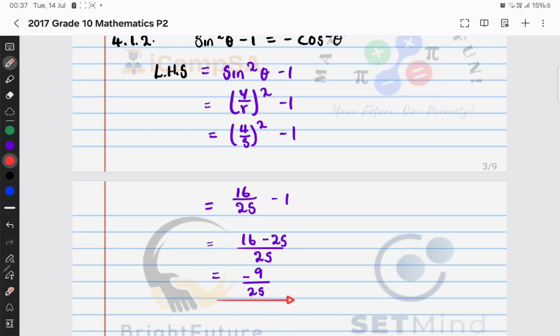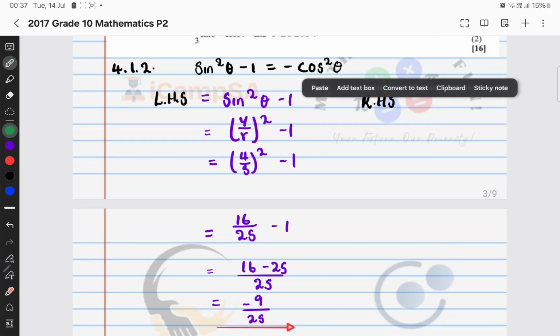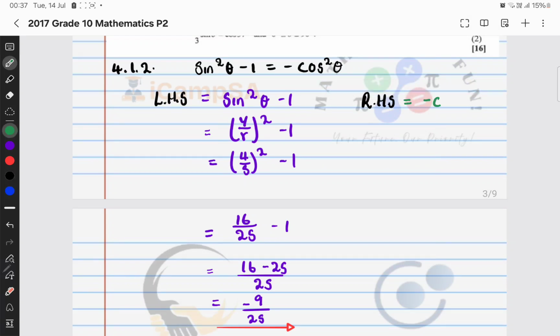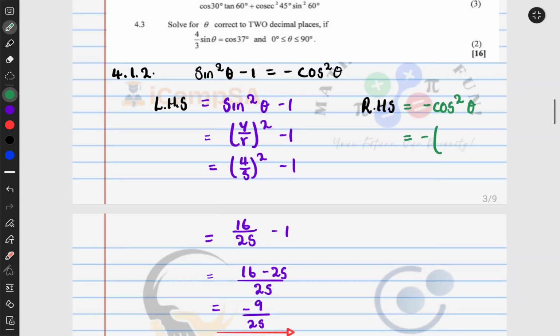Now let's go ahead and do the right hand side. For the right hand side, we have negative cos squared theta. What is cos theta? Cos theta is x, adjacent, over hypotenuse, all squared, with a negative in front.